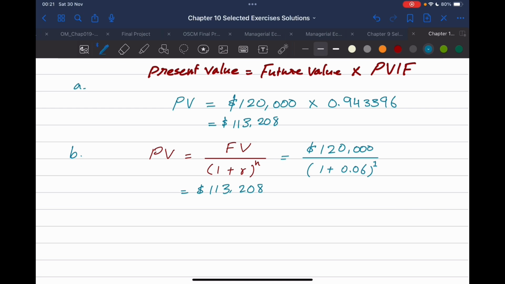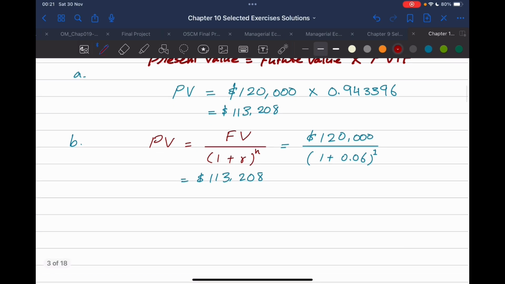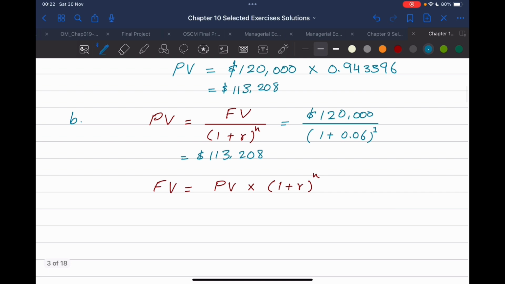Okay, so I'm going to reverse the formula and use the future value formula, which is as follows. Future value equals the present value multiplied by 1 plus r to the power of n. Okay? Substituting in this formula should give me the present value in our scenario.